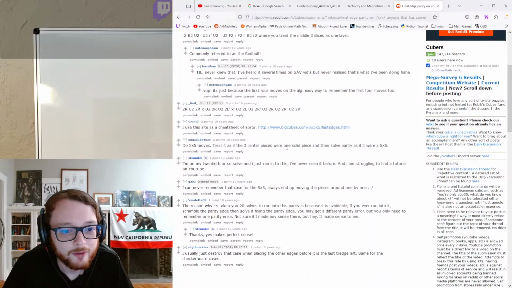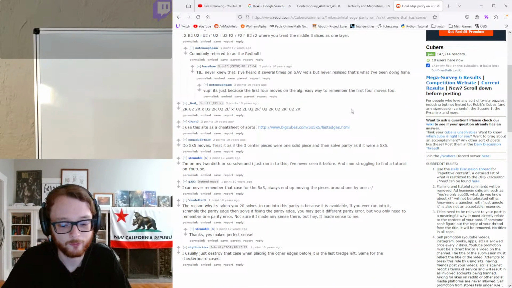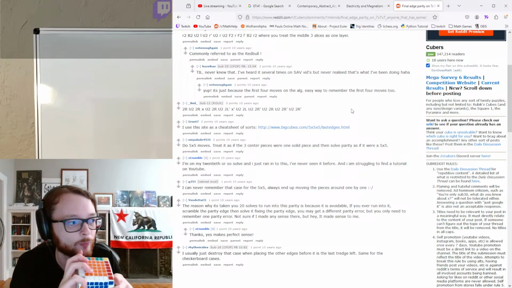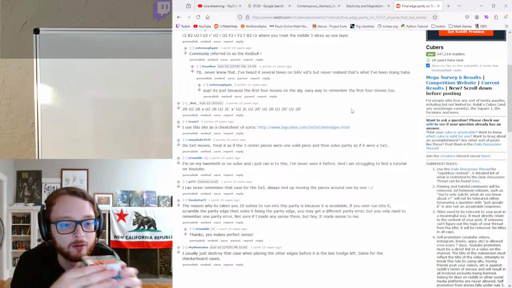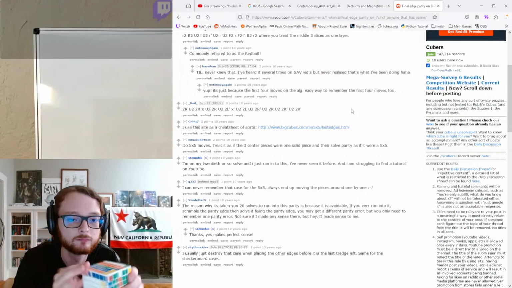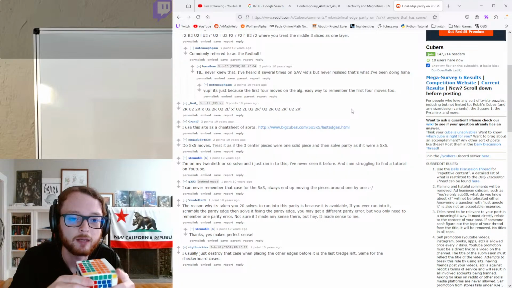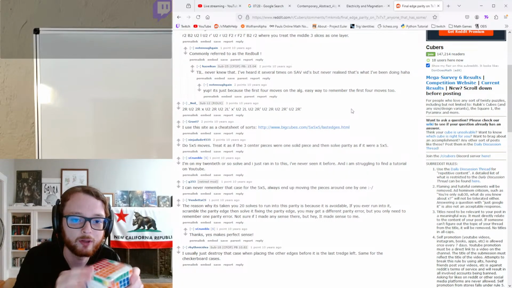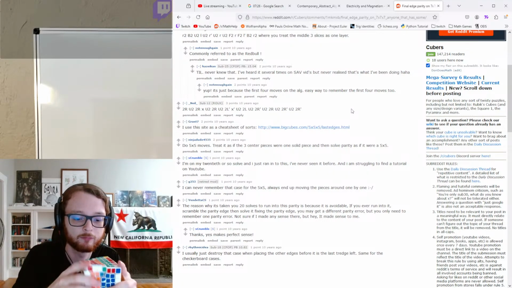No, that doesn't look right. I have it on my phone, but my phone is okay. I think we'll use this one. It's for 4x4, 5x5, but it works just as well on a 7x7. I've done these algorithms so many times for the parity, but I still don't have them memorized for some reason.